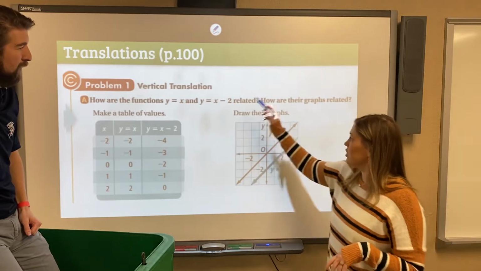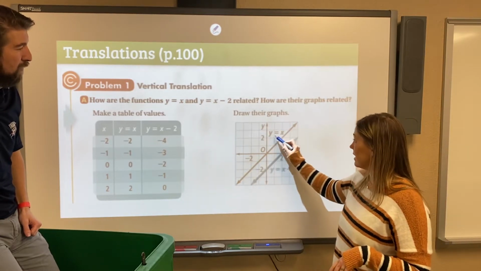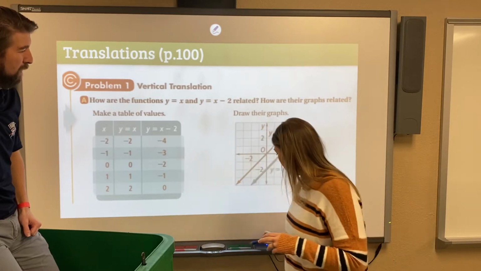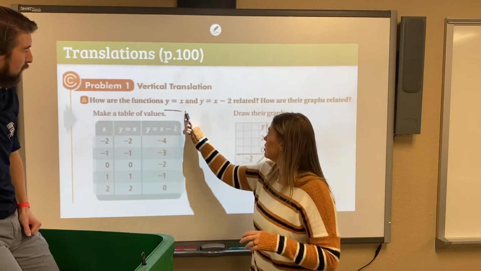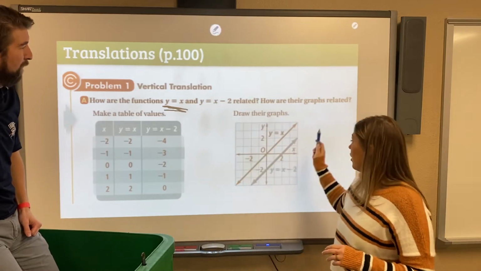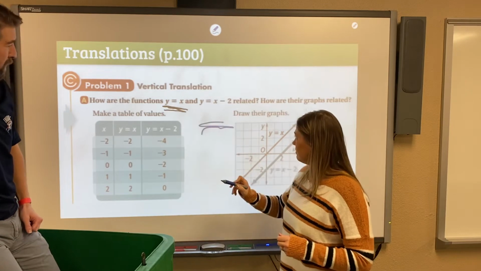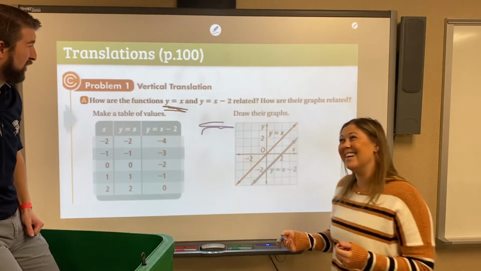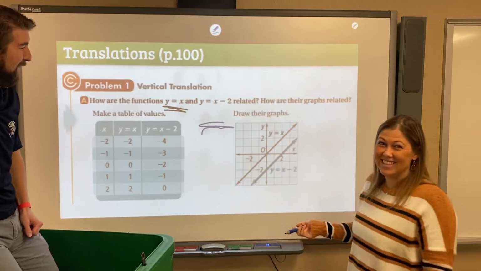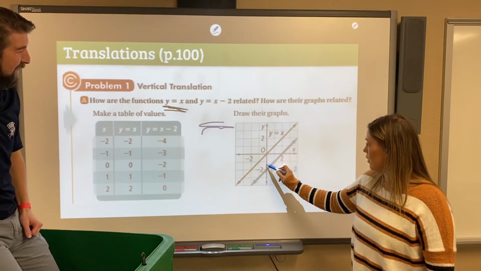If we look at their graphs, our black one would be y equals x. That's your parent function. And then if we look at our translation, we have y equals x minus 2. Oh, that calibration's a little off. The translation went down 2.